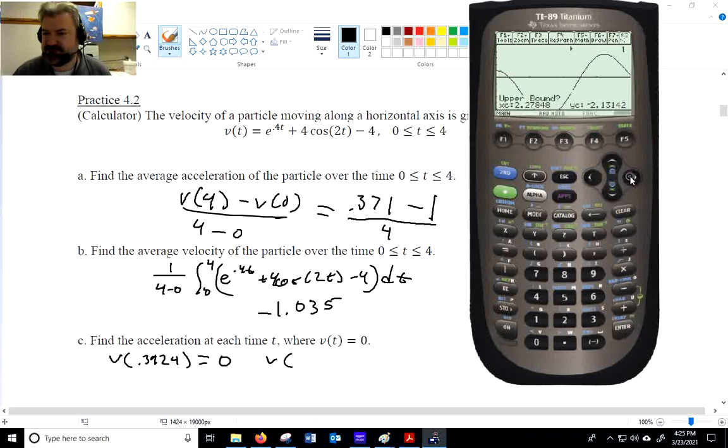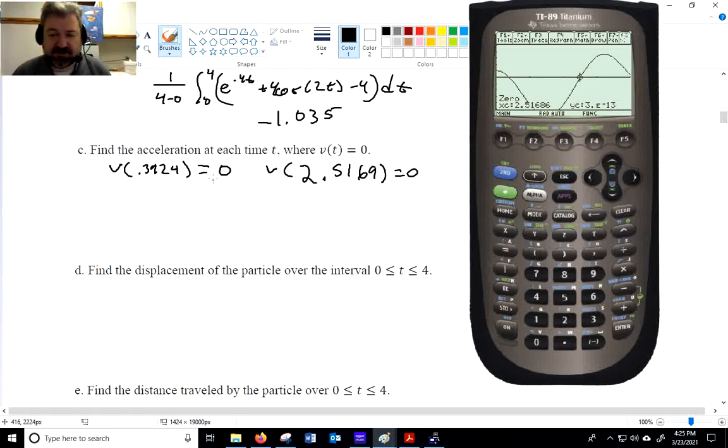To the left, to the right, and we get 2.517, which I'll write as v of 2.517 equals 0. Okay.